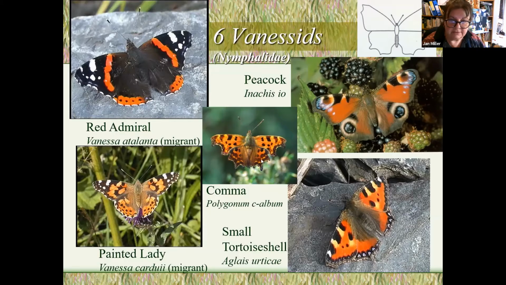and then that'll tell you immediately whether it's a comma or something else. And the painted lady only comes over from the Atlas Mountains in North Africa later in the year, generally. If it's early, it's overwintered in some barn somewhere, luckily, but generally it's only a late migrant.